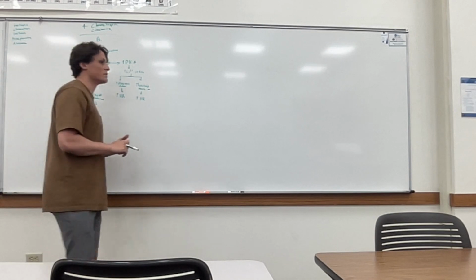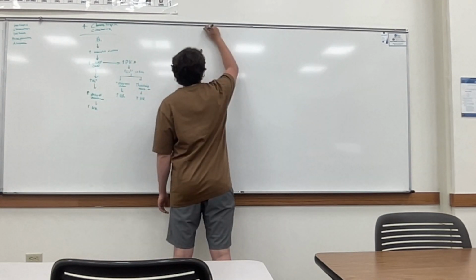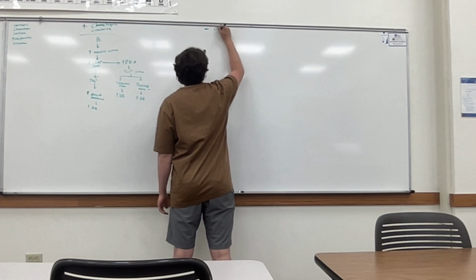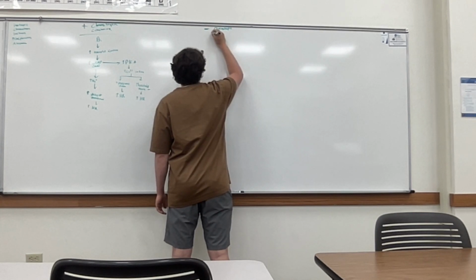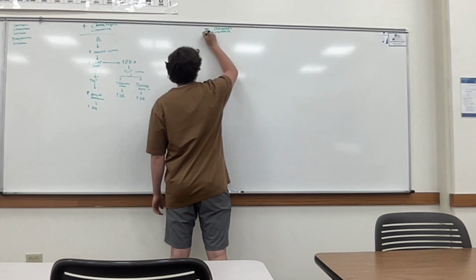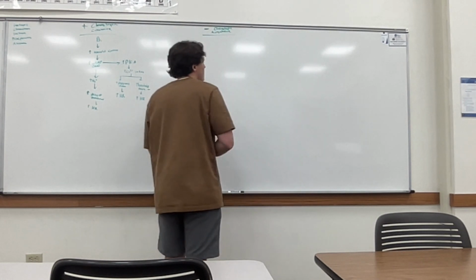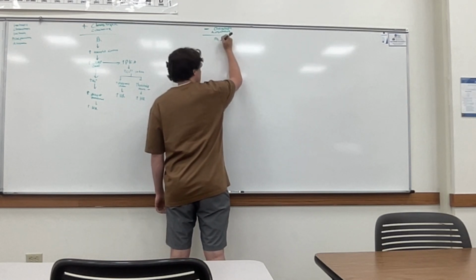But how can we negatively impact it with acetylcholine? Put a negative. This one we are going to go through our muscarinic 2 receptor.